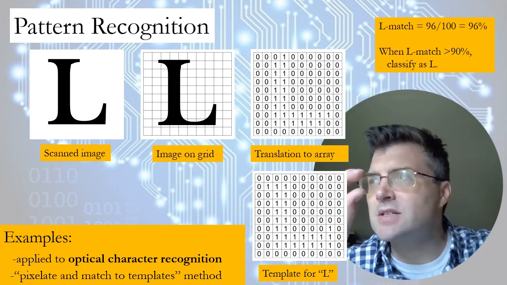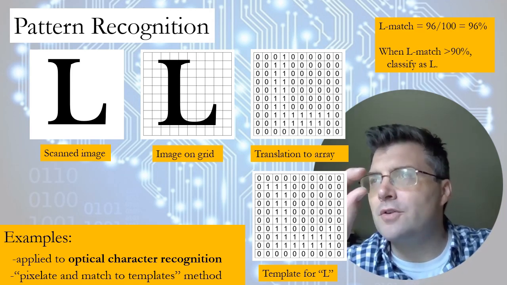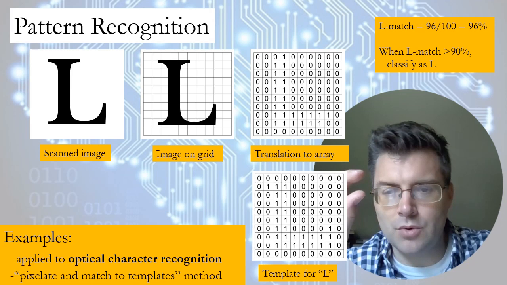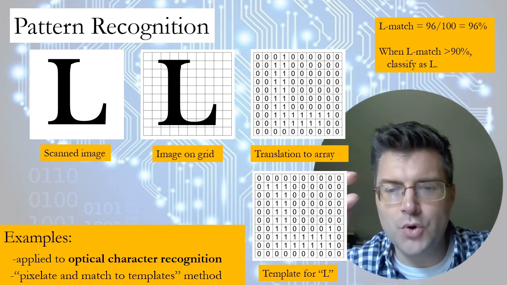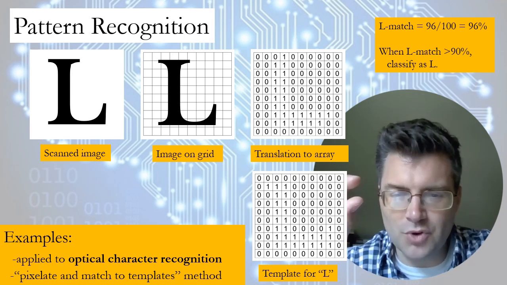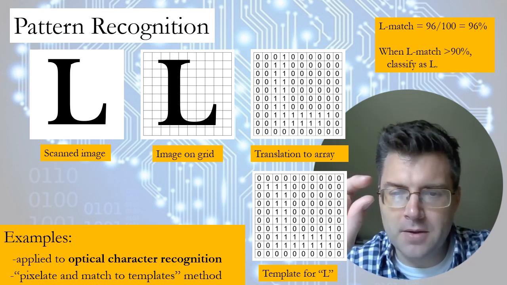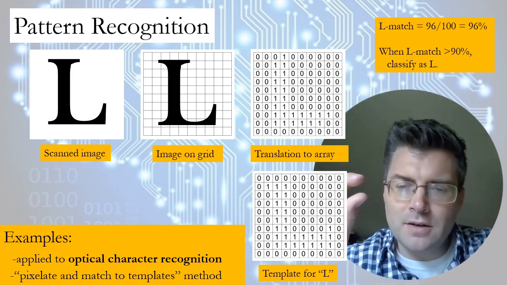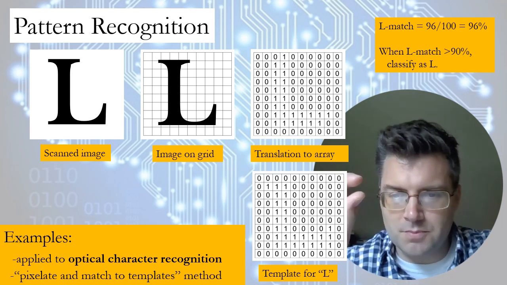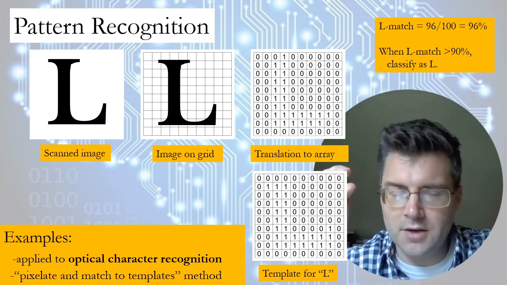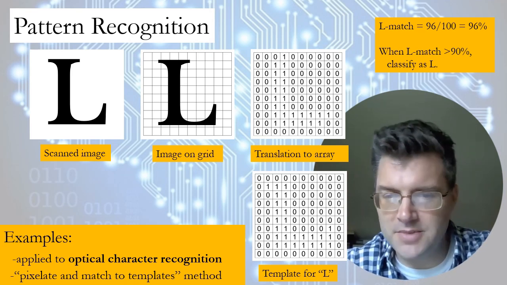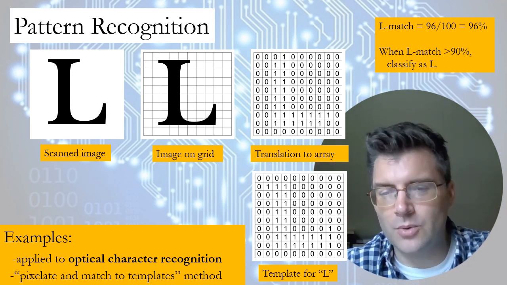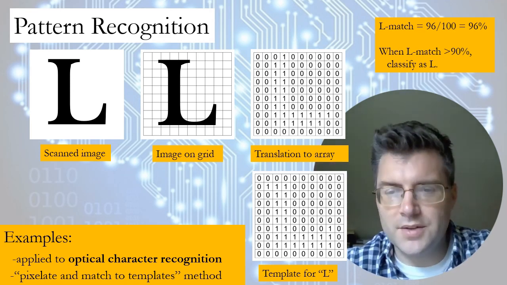Then it should be possible to scan that, break the scanned photo up into, say, a 32 by 32 array, so that you've basically imposed a grid onto that square 1/4 inch of photographed paper. And then code each of those pixels as a 0 or a 1, basically white or black, empty space or marked space, so that you have now a 32 by 32 array of zeros and ones.